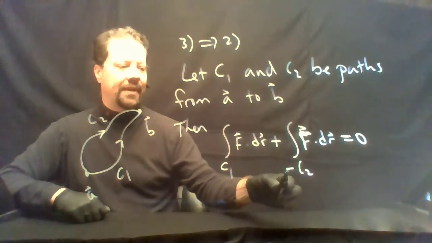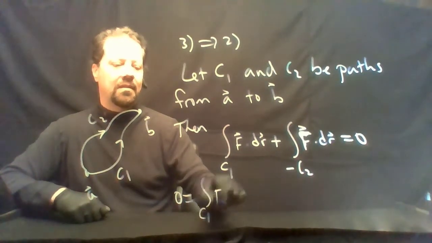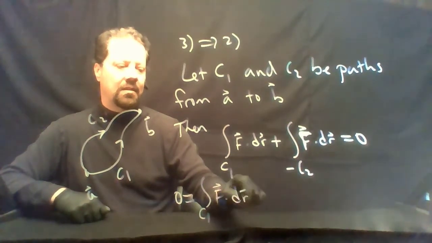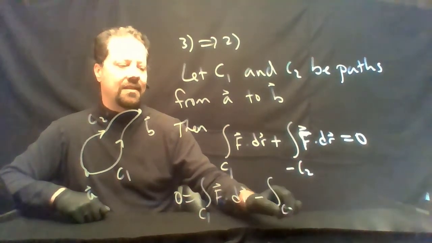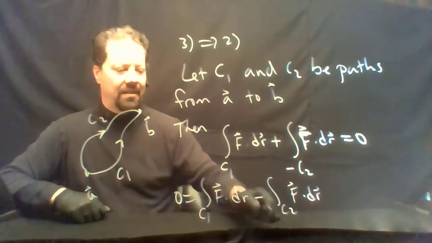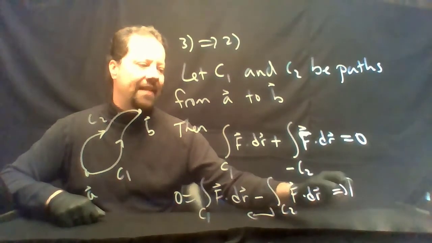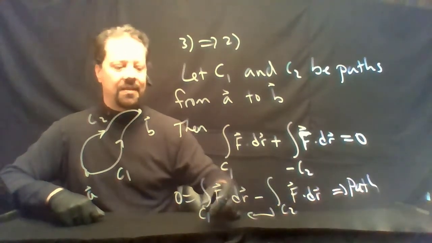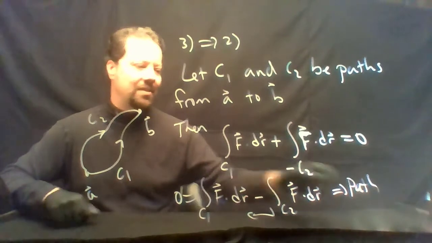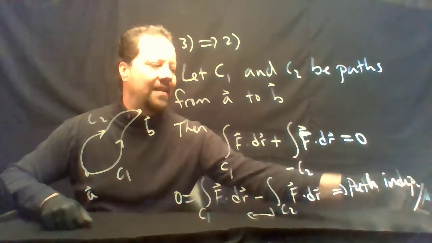But the effect of going on minus C2 is minus the integral on C2. If we move this to the other side, we get path independence. The integral on C1 equals the integral on C2. And the theorem is over.